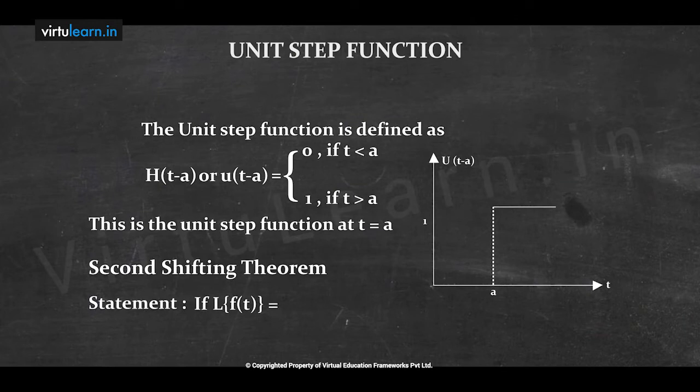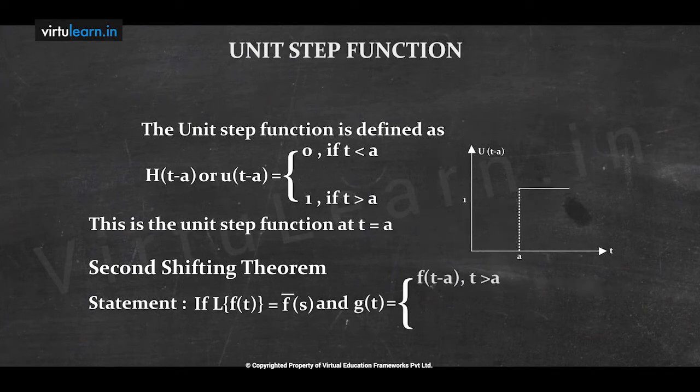The Laplace transform of the given function f of t gives an answer in terms of s, like that we can calculate f bar of s. And g of t is, they have given two functions: f of t minus a when t is greater than a, and 0 when t is less than a. Then the Laplace transform of g of t is e power minus as into f bar of s. This is the formula. This is the first type.